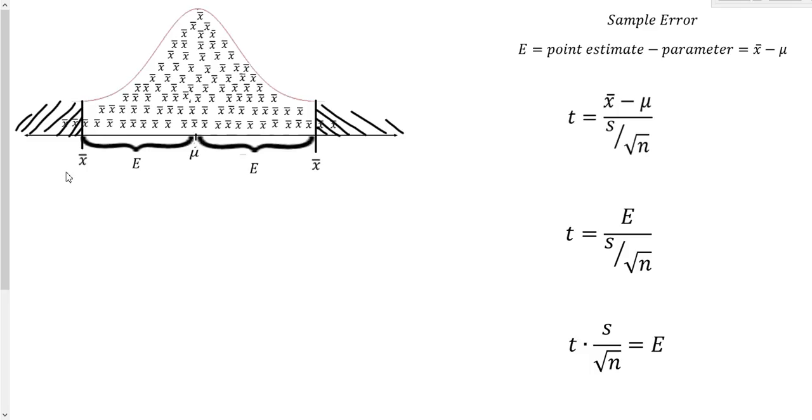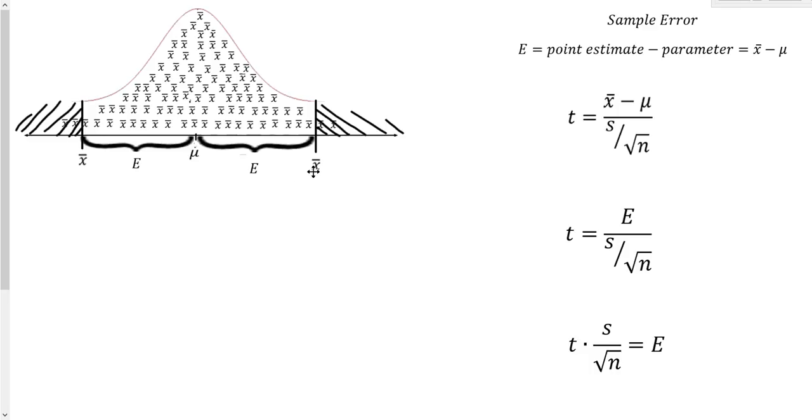And I want to make sure that if that sample mean x bar is too small, if I take my margin of error and add it to x bar, I will be able to capture that population mean.